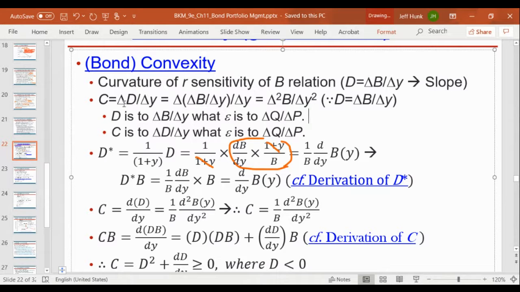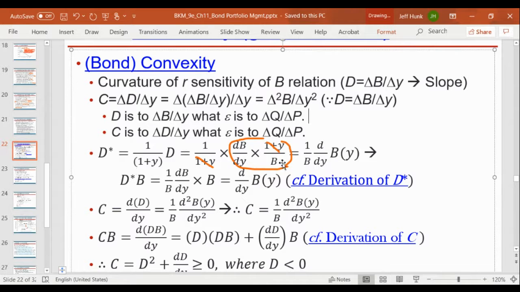This is basically a derivative, the first derivative, right? Change in dependent variable over change in independent variable, or change in regressand over change in regressor, there are many ways to call it.